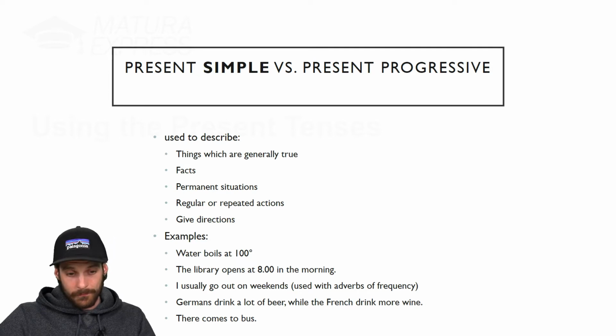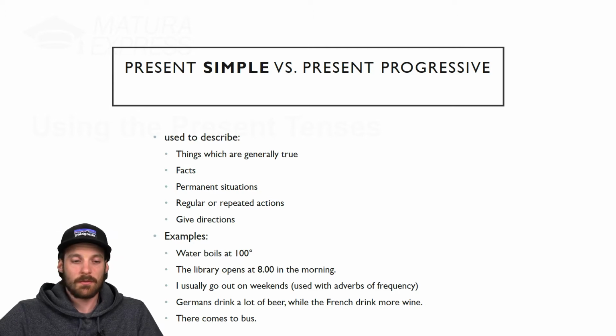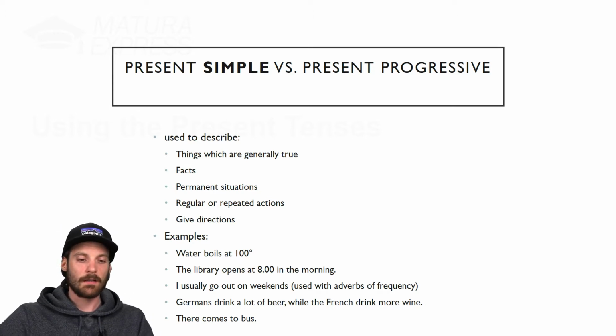So, for example, let's use things that are generally true. Water boils at 100 degrees. A fact: the library opens at 8 in the morning. Or it could also be a regular or repeated action, which is the next example.